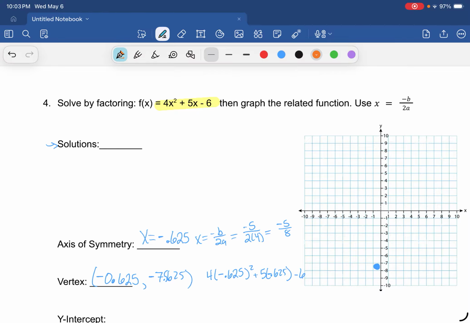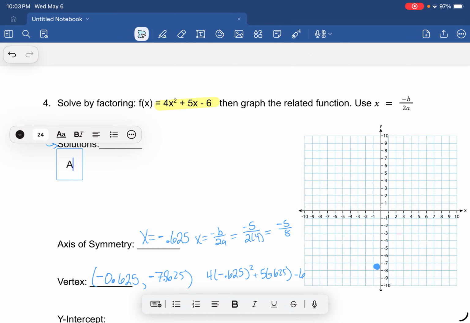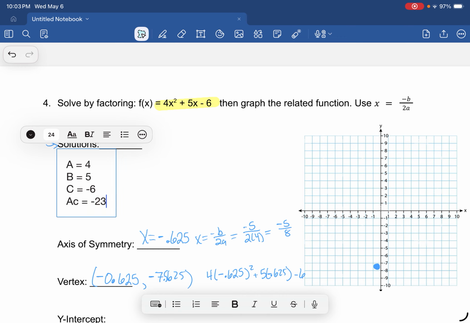For your solutions, what you would do is you would once again factor using the ABC method. For this problem, A is going to be 4, B is going to be 5, C is -6, which means AC is -24.